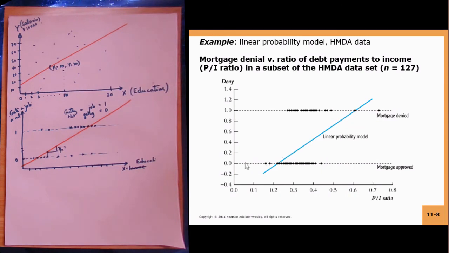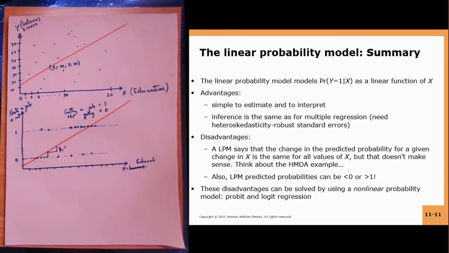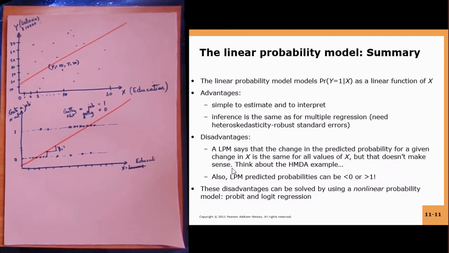Okay, where it is approaching 0 gently over here, and it is approaching 1 gently over here. But if you take a linear probability model, the change in the predicted probability for a given change in x is the same for all values of x. Okay, but that doesn't seem to make sense.